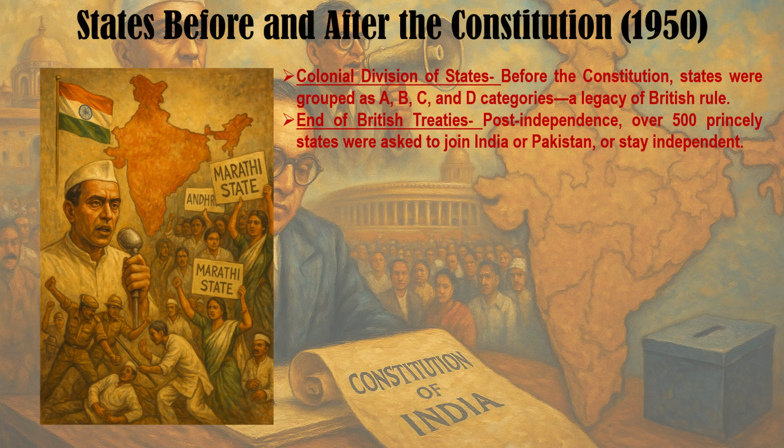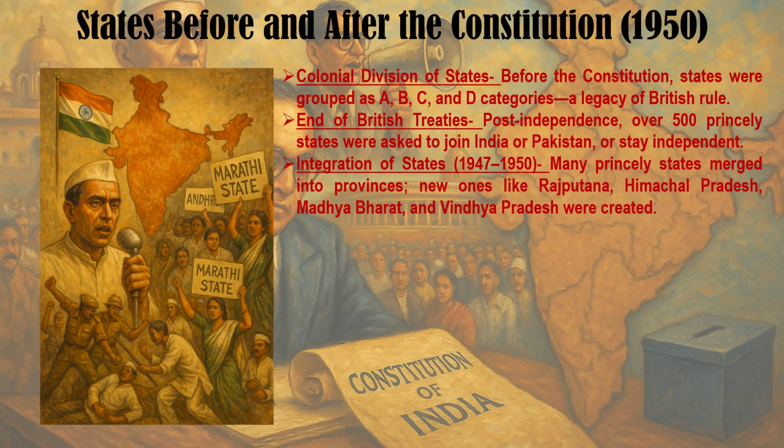As we have already discussed in our last video, over 500 princely states wanted to join either India or Pakistan, or a few of them also wanted to stay independent. So many princely states merged into provinces. New ones like Rajputana, which was reformed into Rajasthan, Himachal Pradesh, Madhya Bharat, and Vindhya Pradesh were created.